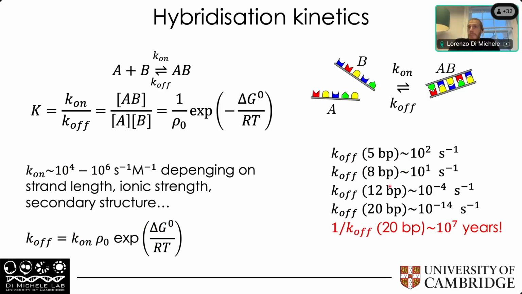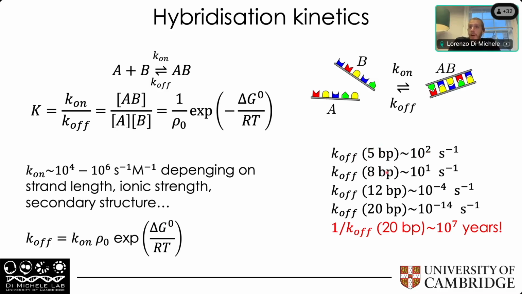So here we put some numbers again. If you consider a 5 nucleotide bit of DNA, you can work out an average free energy of binding between 5 nucleotide bits of DNA, and that gives you a K off of about 100 inverse seconds. So that means that the lifetime of this DNA-DNA bond is about 1 over 100 seconds.